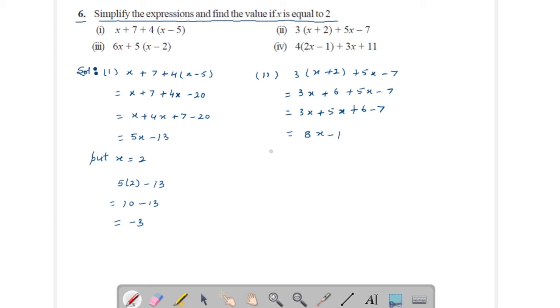Now put x is equal to 2. You will get 8, replace x by 2, minus 1. You will get, open the bracket, 8 into 2, 16 minus 1. That is 16 minus 1, it is 15. This is your answer.